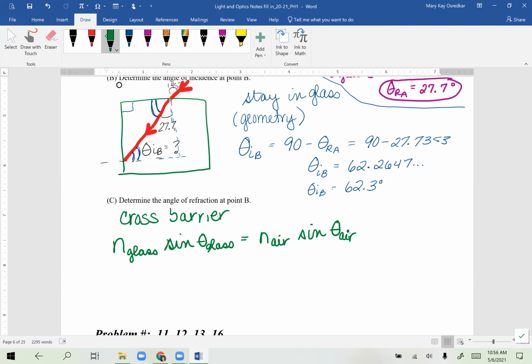Okay. So we're looking for the angle in air. The angle in the air would therefore be, and I would assume you could do this in your head. And the sine of theta in the glass is that 62.2647.